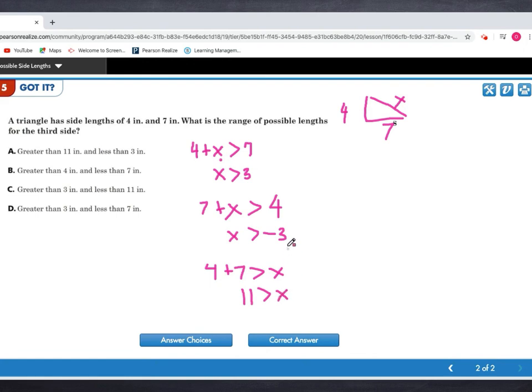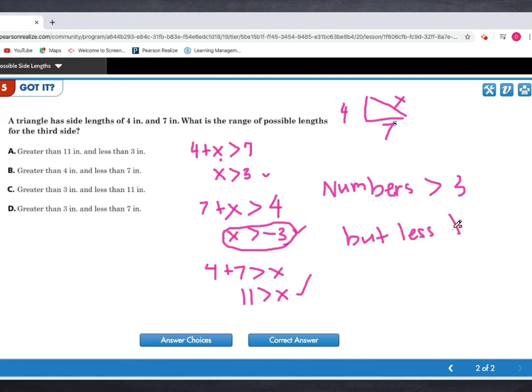So what are the numbers that satisfy these inequalities? x is greater than 3, x is greater than negative 3, and 11 must be greater than x. We cannot use this inequality since a side can never be negative. So we need the numbers that are greater than 3 but less than 11.